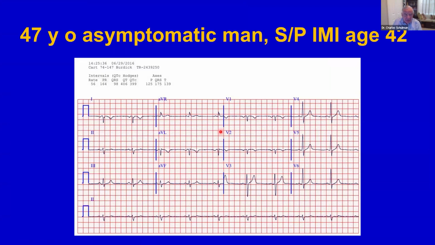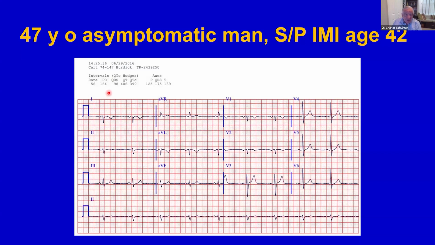Okay, so here is a 47-year-old asymptomatic man who had an acute inferior MI 5 years ago. And here's his ECG. He's got sinus rhythm, narrow complexes.